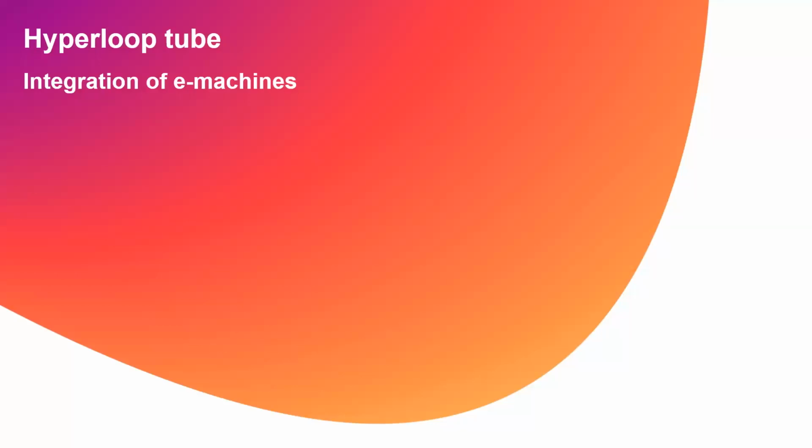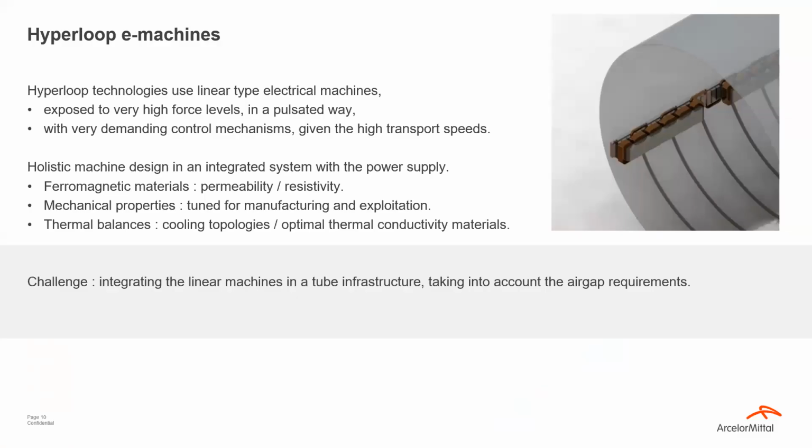So now let me come to the technical aspects. We are taking a look at all the different materials that are being used in Hyperloop systems. We have ferromagnetic materials that are really used inside of the machines. But we also need to ensure that the mechanical properties are okay, because there are high forces in such a system with pulses, as was just described in the previous presentation.